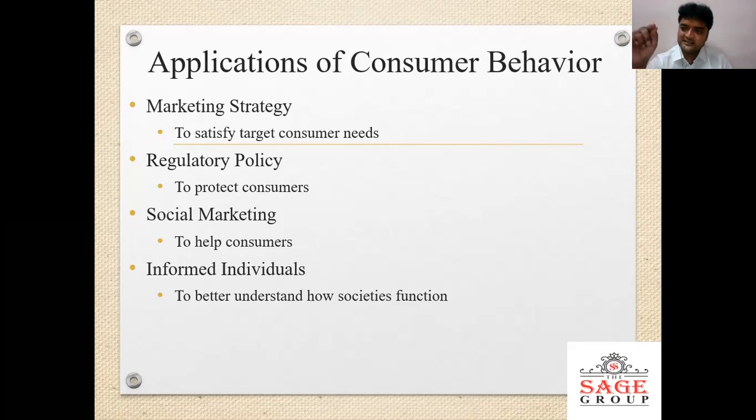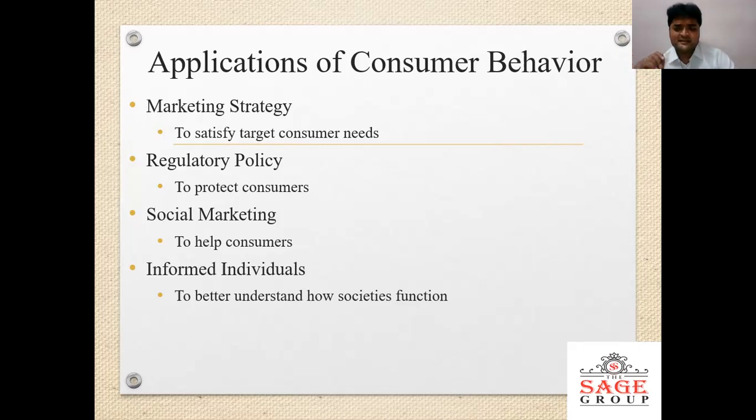You studied consumer behavior, and now you are promoting your services as well as your product, or maybe one of them, or maybe both. Once you understand consumer behavior, then it is possible to help consumers. So this is called social marketing.